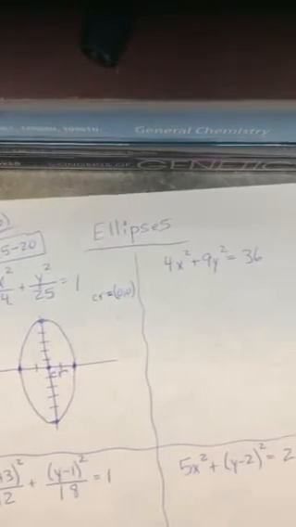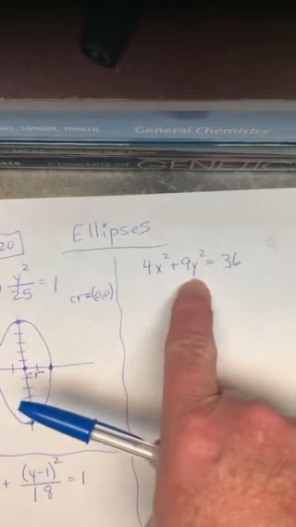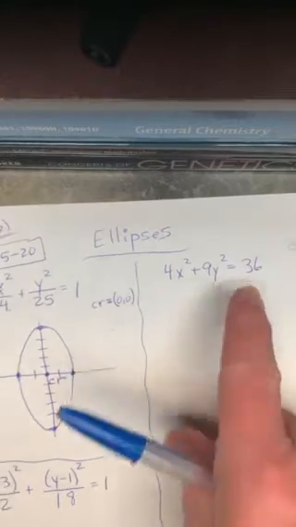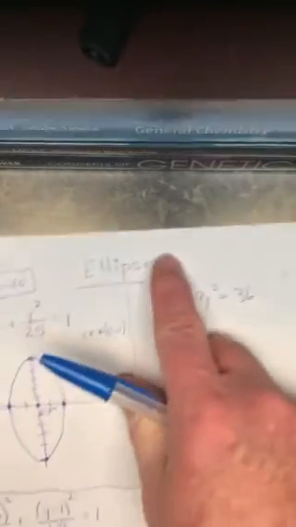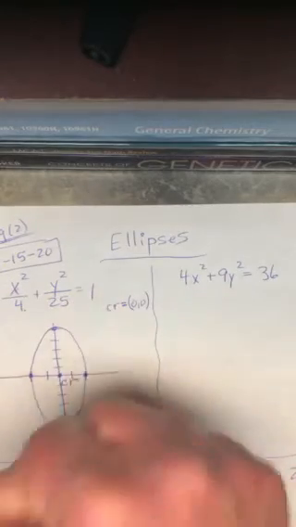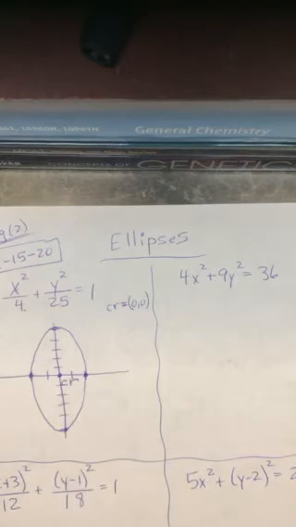Now if we sneak ahead to number 2 here, it says 4x squared plus 9y squared equals 36. Careful. Remember I pointed out that an ellipse is in standard form when it's equal to 1. It has to be equal to 1 before you can attempt to graph it correctly.